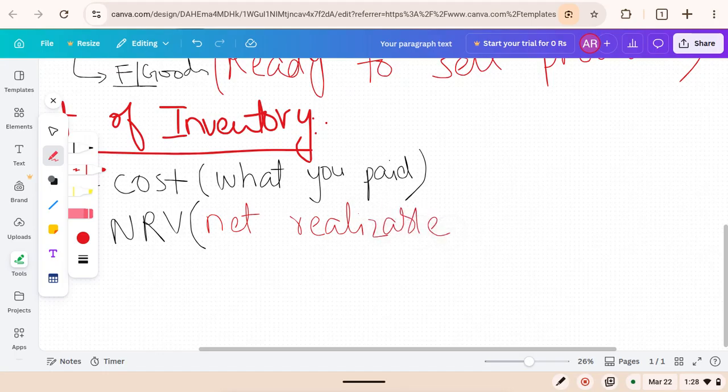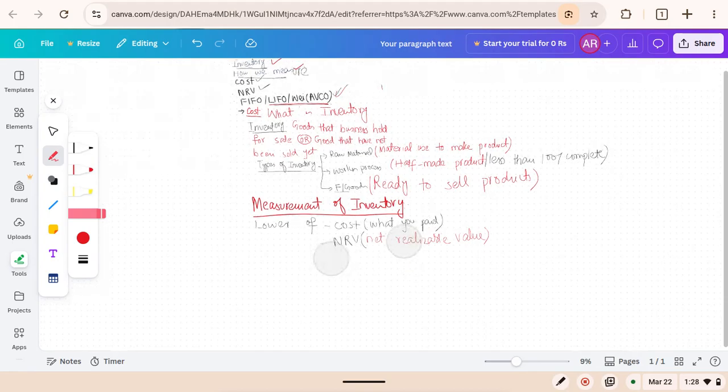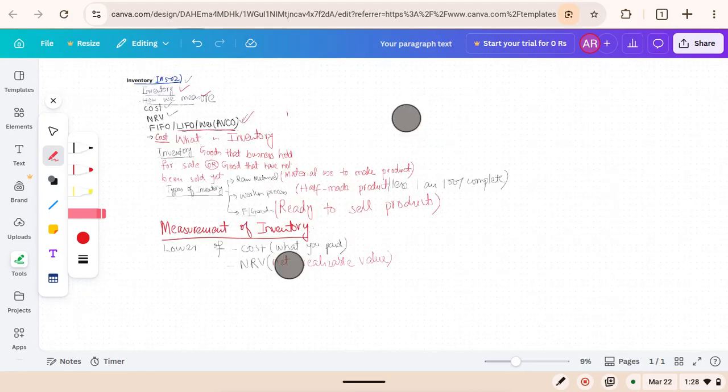I will explain each and everything. What is net realizable value? Net realizable value means, in simple words, what you can sell it for. I will tell you in detail later.